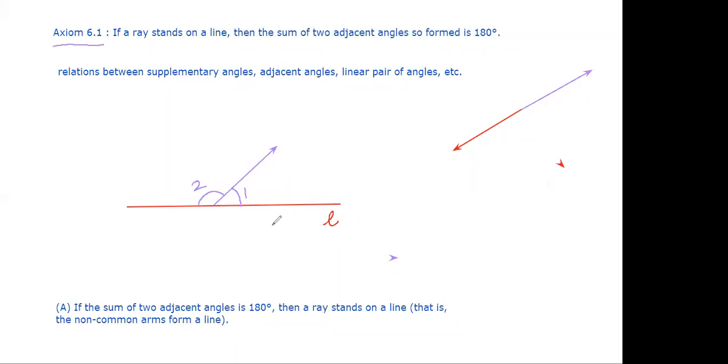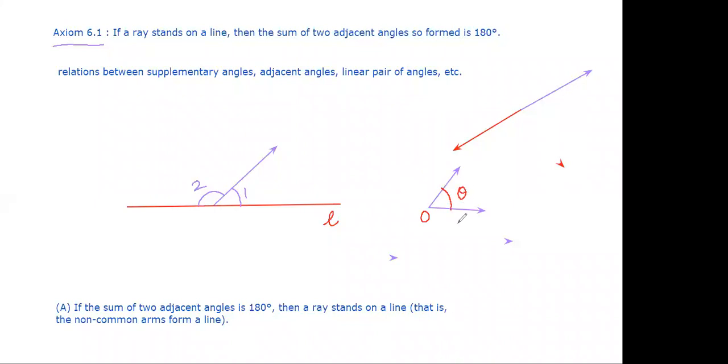Now, students, we have already studied in the last lecture how an angle is formed. An angle is basically formed by two rays, one ray and a second ray, starting from the same origin point, maybe let's say O. Two rays starting from the same origin point end up forming an angle between them.